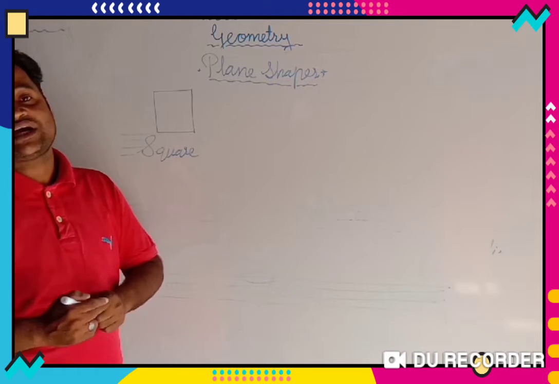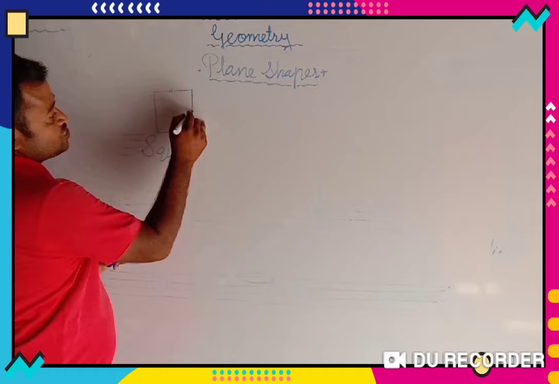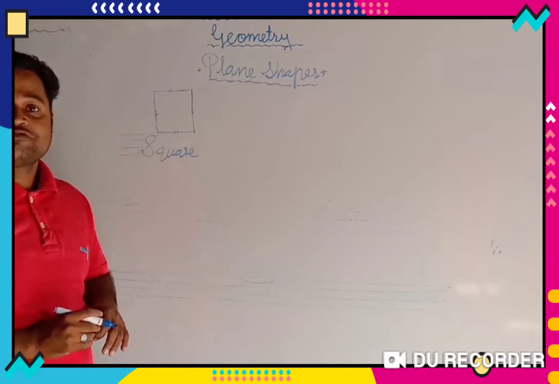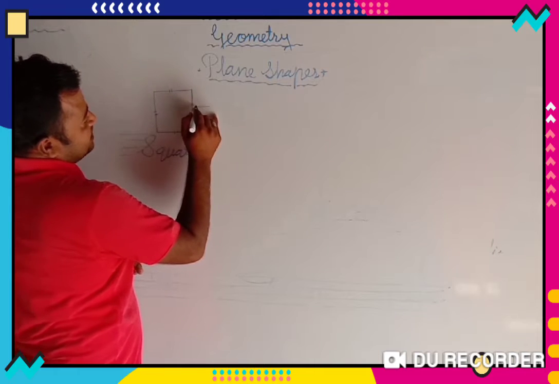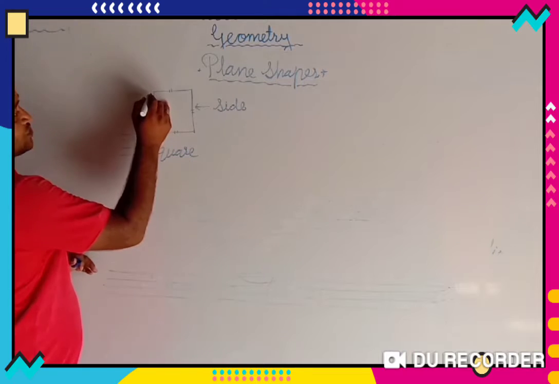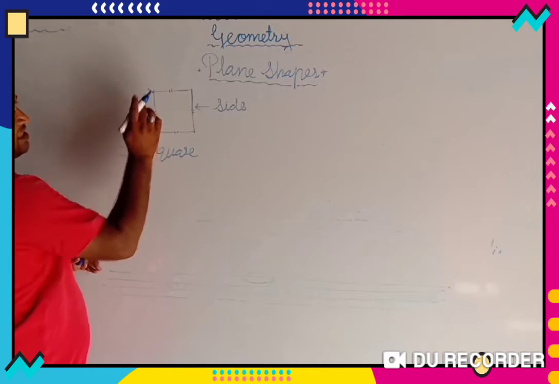But one thing you have to understand here is that all four sides of a square are equal. Here you need to understand this is a side. And this is where two line segments or lines meet each other.